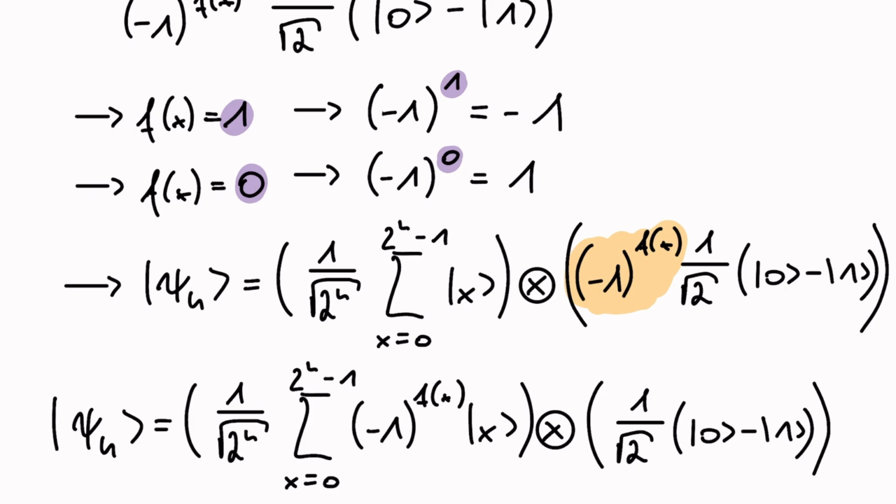That's all we need to know about the oracle step. Anyone who wants to understand more about the phase flip or XOR gates is welcome to explore it further or ask an AI assistant, for example. But for now, the key takeaway is this: f of x is encoded as a phase shift, and this shift appears in the input part of the state, while the output qubit stays the same.